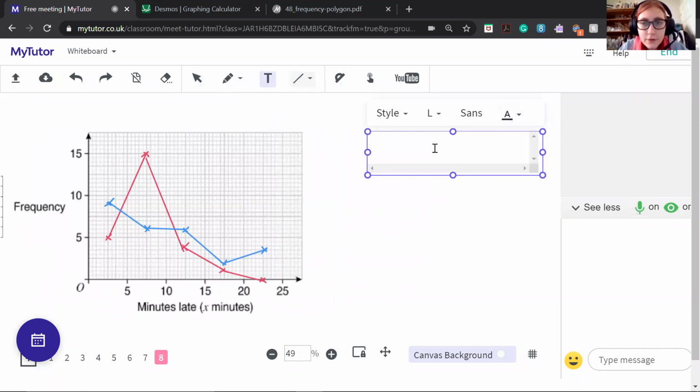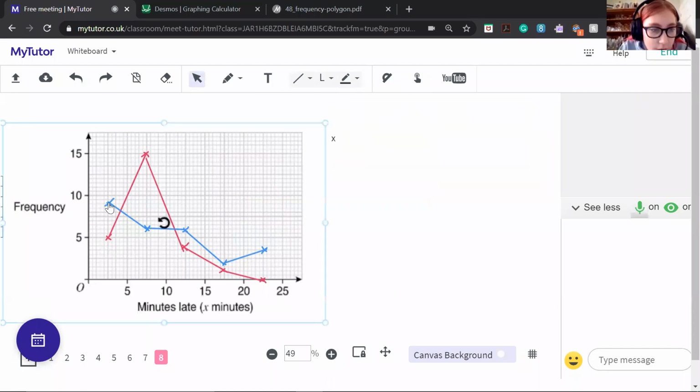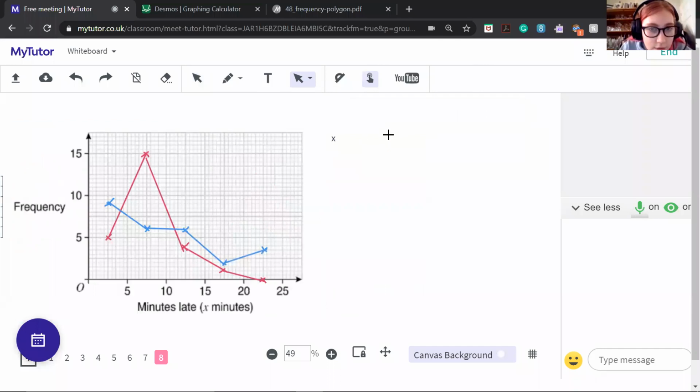For example, the buses were late far more frequently. We can see here that the trains, which is this one, there were more trains that were pretty much on time between 0 and 5. Whereas there weren't many buses on time, and there were so many buses late here.